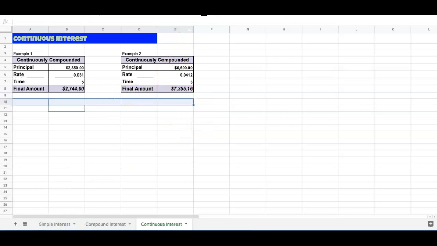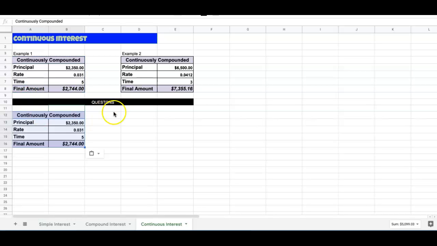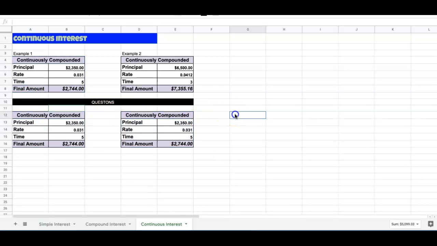Okay, so we'll make a title bar here and we'll call it questions. I'm going to merge that together and center it in the middle. And now I'm going to copy this 3 times. 1, 2, 3.